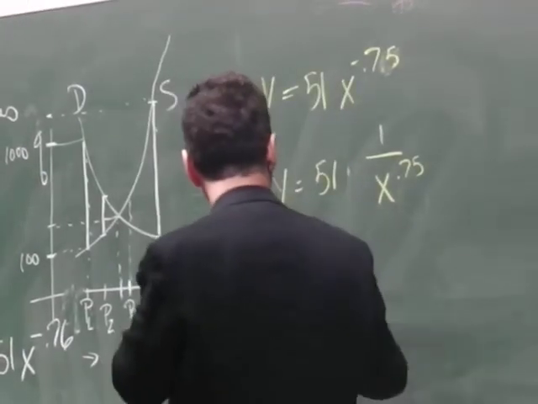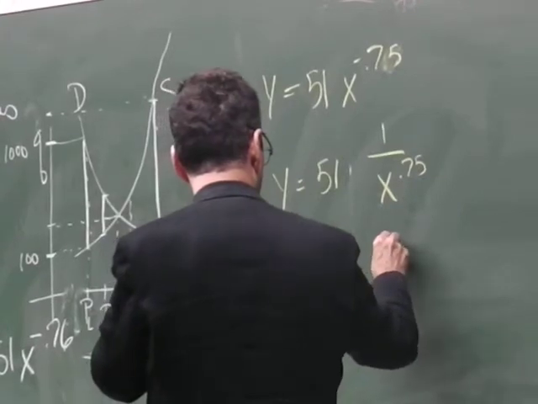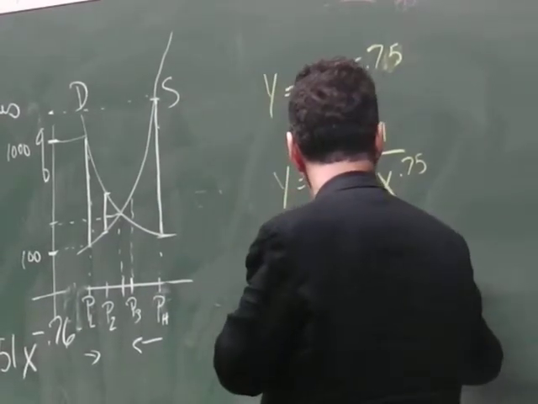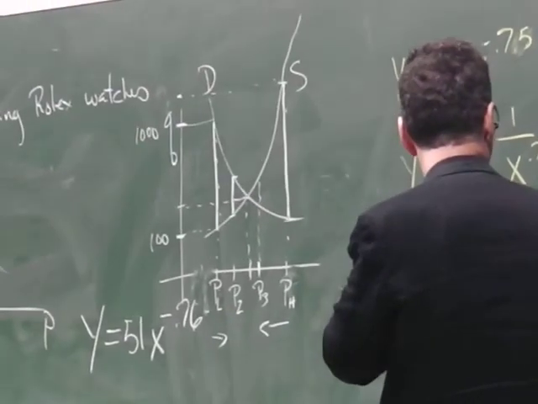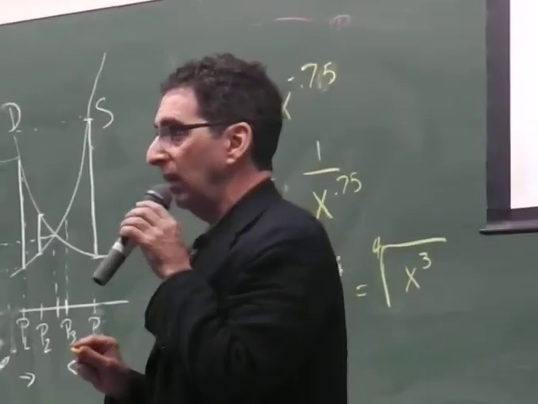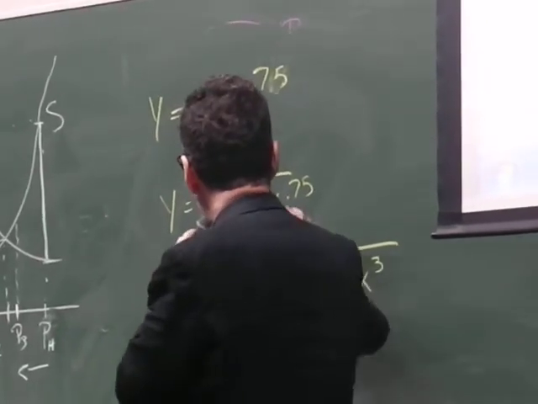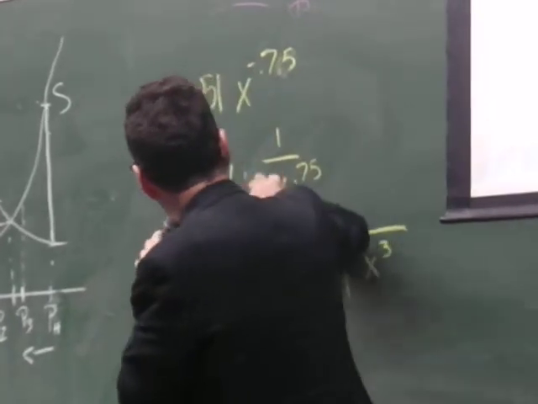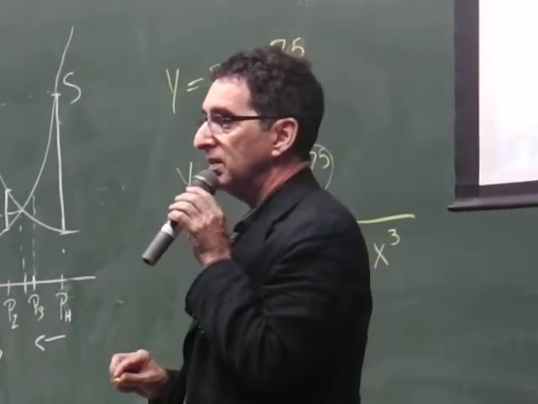Now, just to review, x to the 0.75 means x to the 3/4, right? I hope you know that. My only question is, as x gets bigger, what happens to this? It also gets bigger.